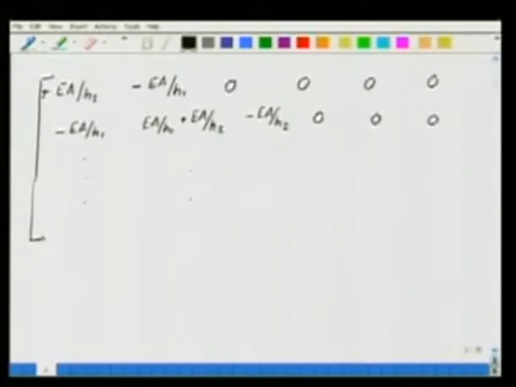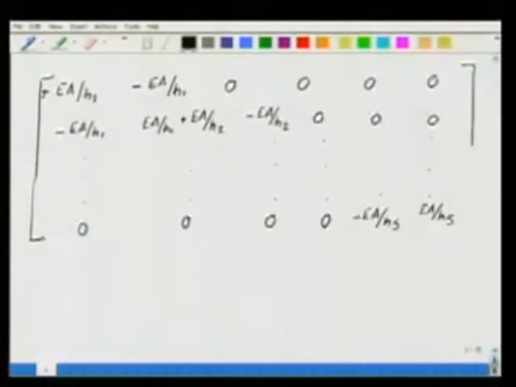This way I will continue till the sixth equation, which is 0, 0, 0, 0, minus EA by H5, and here I will have plus EA by H5. So this was our global matrix K.